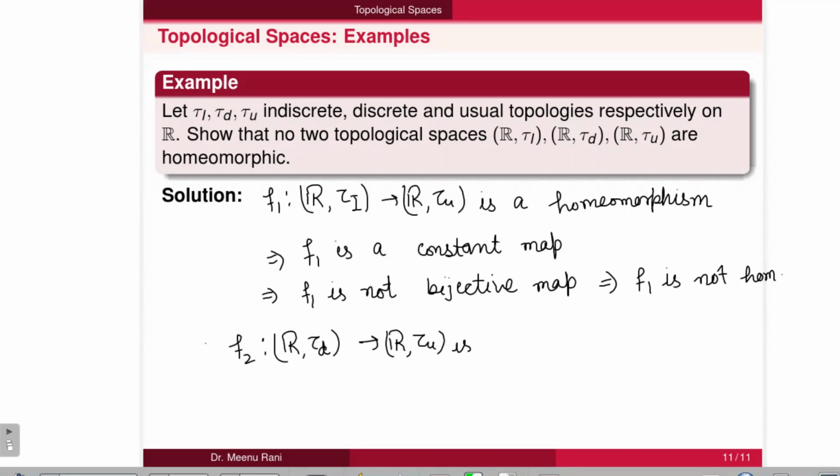Let us suppose it is a homeomorphism. It implies that every open set in the usual topological space is open in the discrete topological space, and every open set in the discrete topological space is also open in the usual topological space.